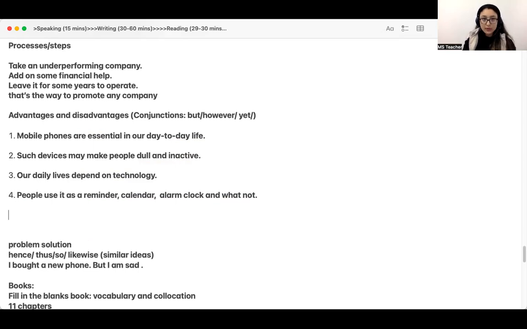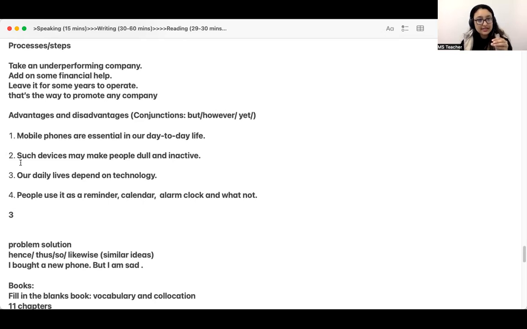Technology is the broader term, while mobile phones are specific, so that's the general sentence. Therefore, we write 3 as our first sentence: our daily lives depend on technology. Now, we can't have number 2, "such devices may make people dull and inactive," because we have not talked about devices.